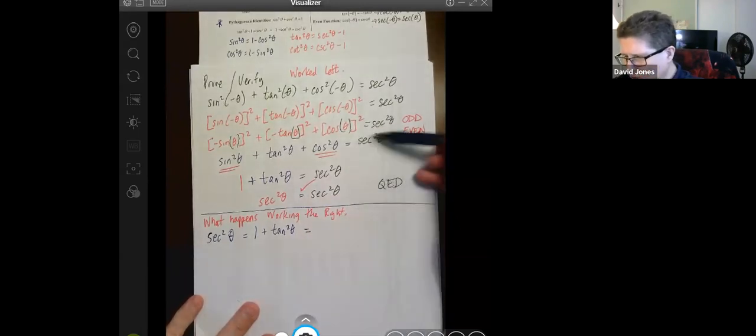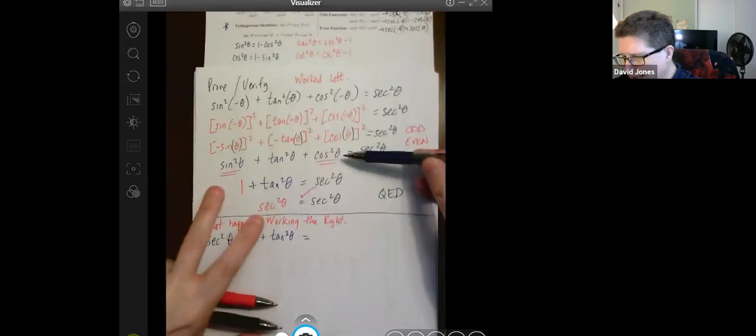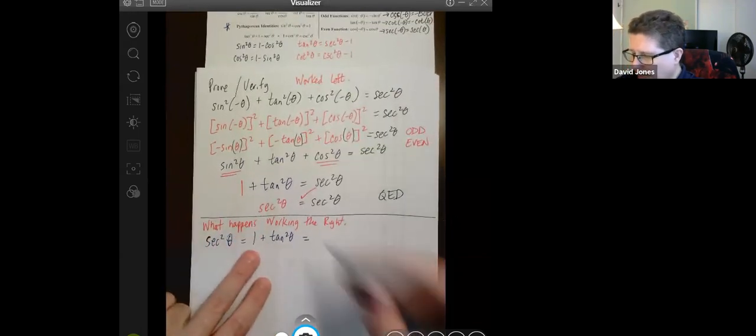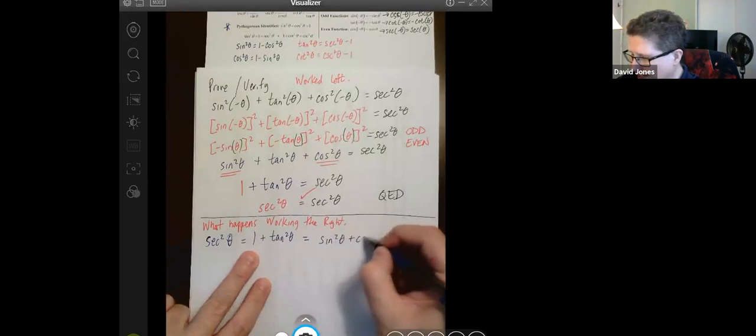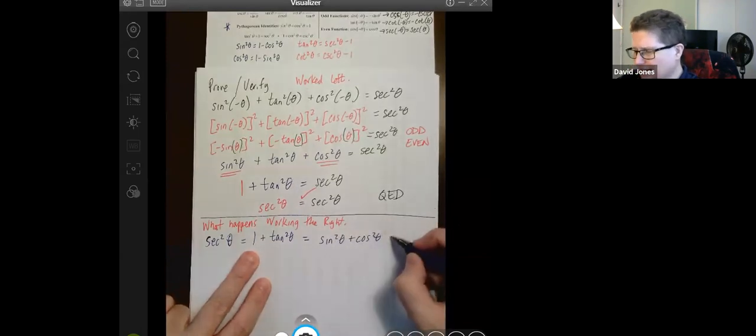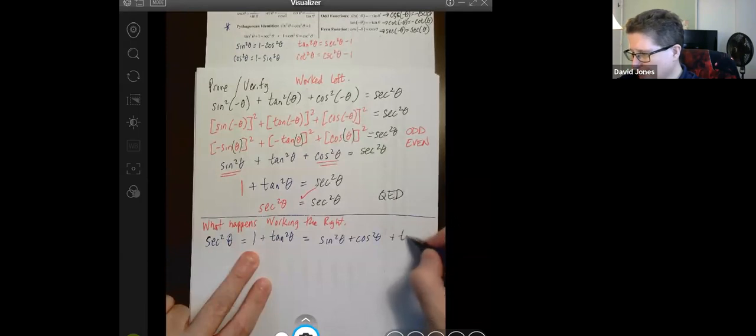Apparently, if I look at this one going backwards, I need to write this 1 as sine squared theta plus cosine squared theta, and then plus tangent squared theta.